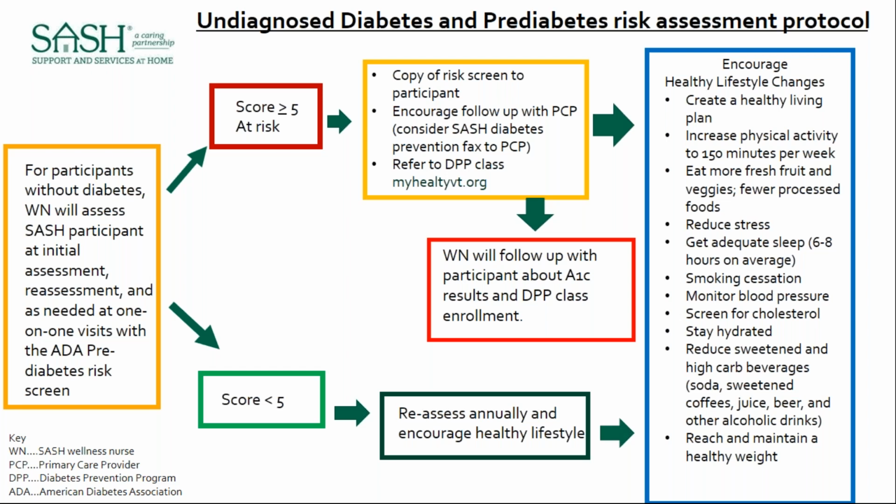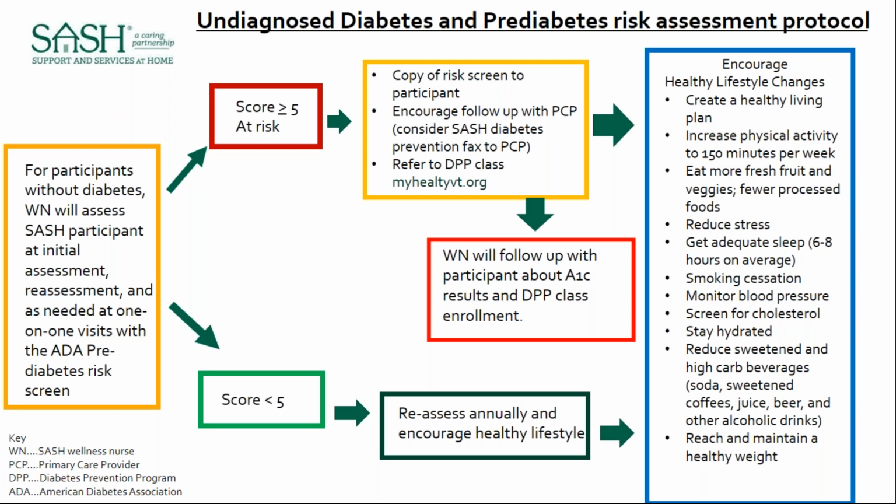We've got one more question. Colleen says, all my participants are 60 and older. Should we contact the PCPs for all of them? So with this screen, being over 60 only gives you 3 points. So you are under the at-risk category. So it depends on the answers to the other questions, which is why we're using this particular screen.